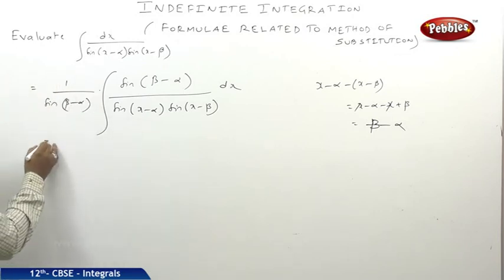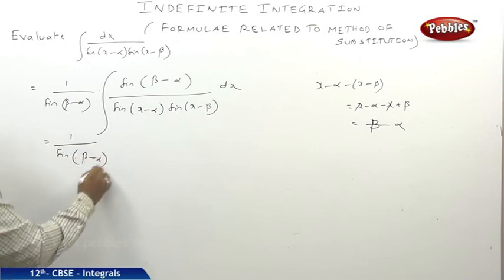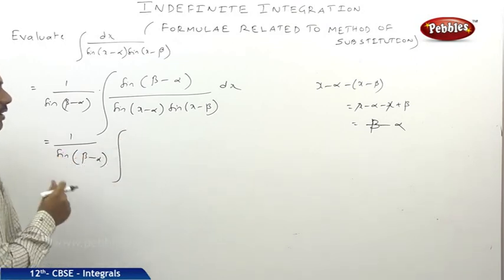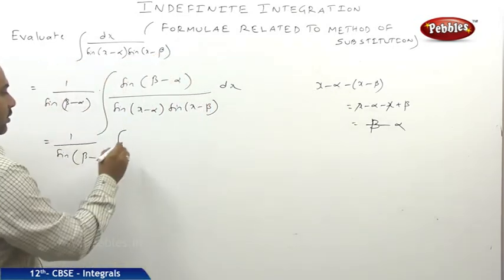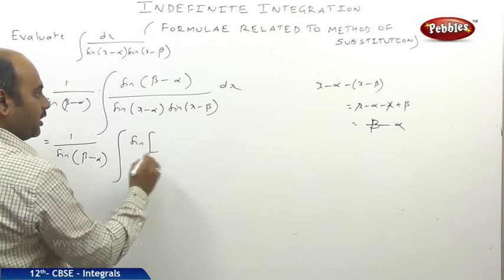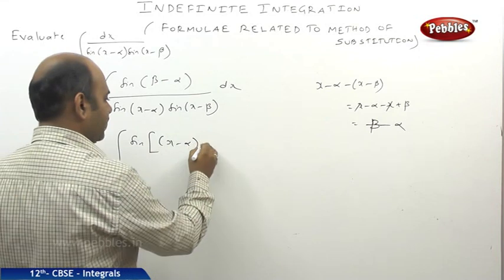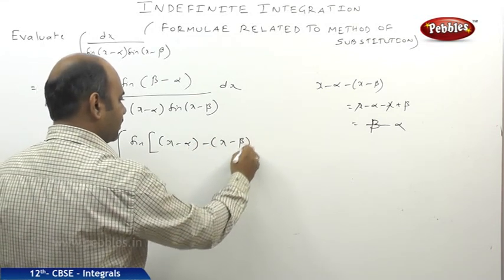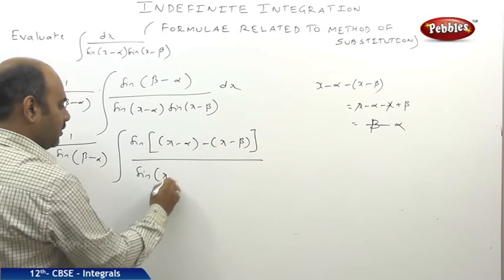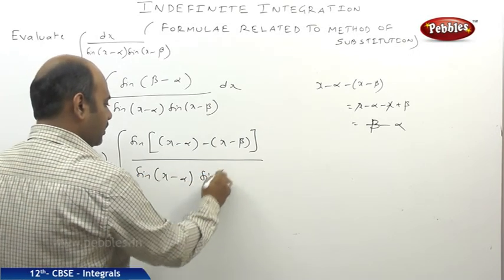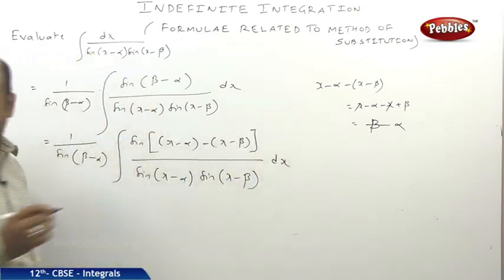So later 1 by sine of beta minus alpha and integral of this, where beta minus alpha can be written like this: sine of, I am putting a big bracket for convenience, sine of x minus alpha minus of x minus beta whole divided by sine of x minus alpha into sine of x minus beta dx.